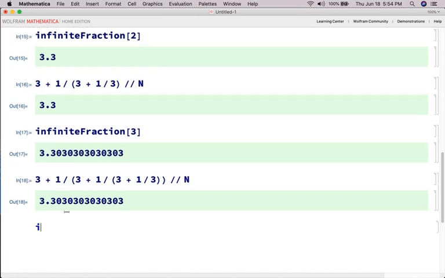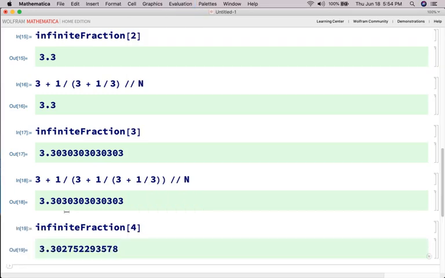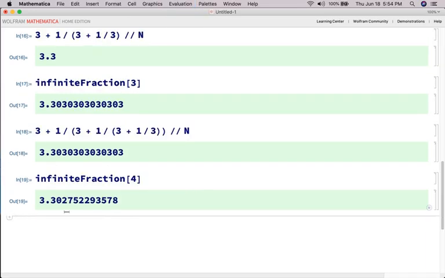And then let's just do one more. So infinite fraction 4. Oh, yeah, we could do 4. Okay, so a lot of parentheses, right? 1 divided by 3 plus 1 divided by 3 plus 1 divided by 3 plus 1 divided by 3.